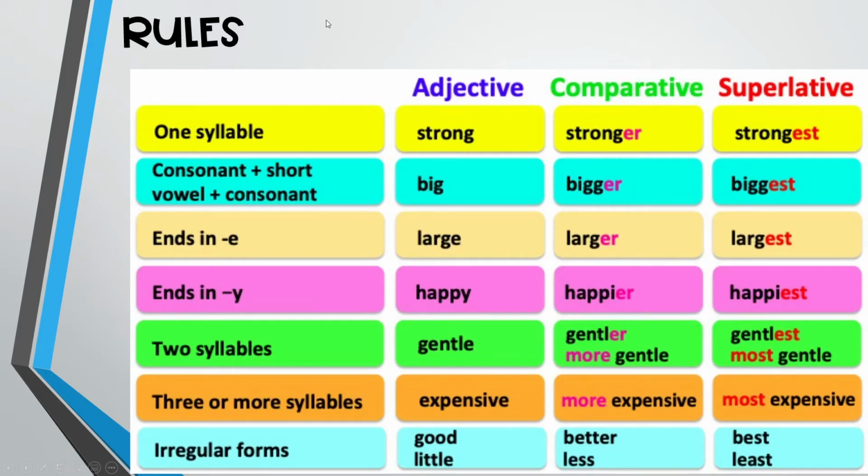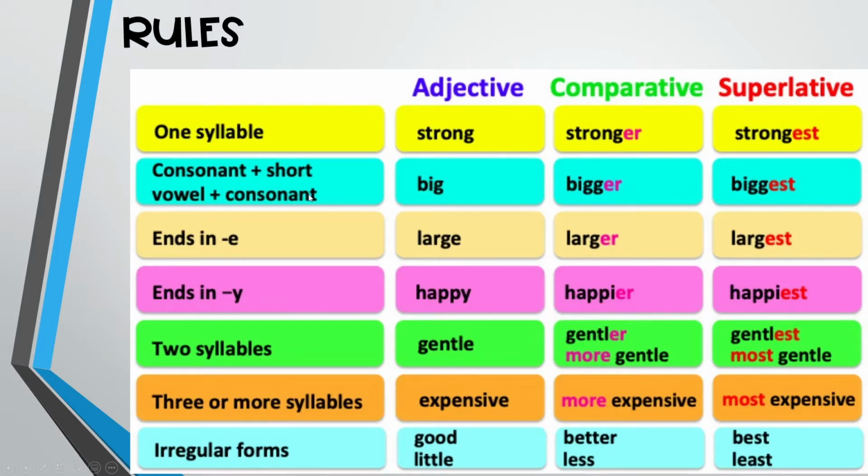Okay, so the rules to use comparative or superlative adjective, you need to remember to add er for the comparative adjective and est for superlative adjectives. So for word with one syllable, satu syllable, strong, okay, satu sahaja syllable dia, you need to add er at the back.